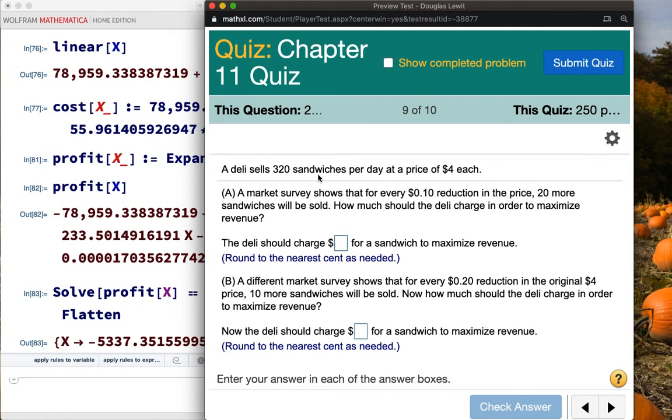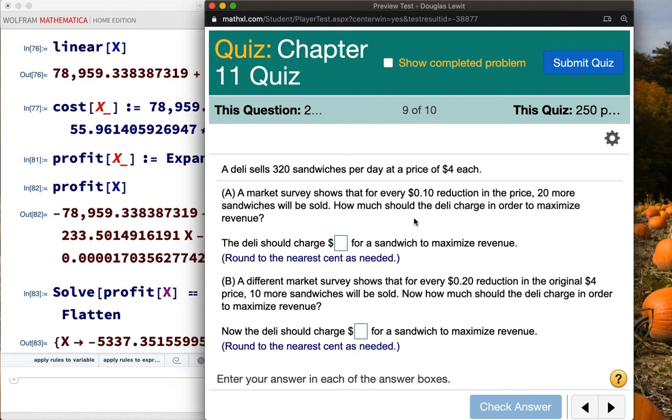A deli sells 320 sandwiches per day at a price of $4 each. A market survey shows that for every 10 cents reduction in the price, 20 more sandwiches will be sold.